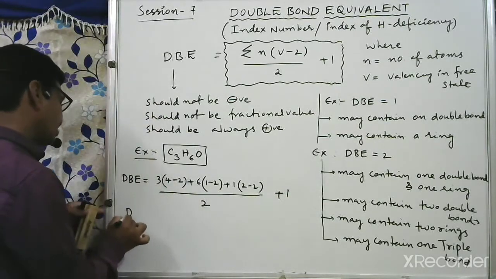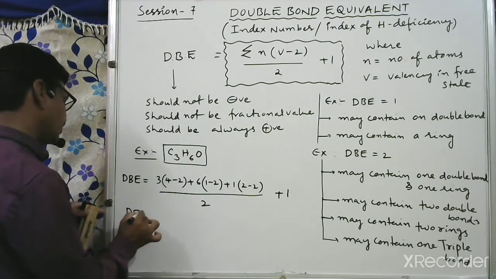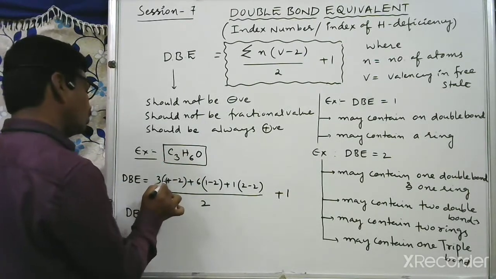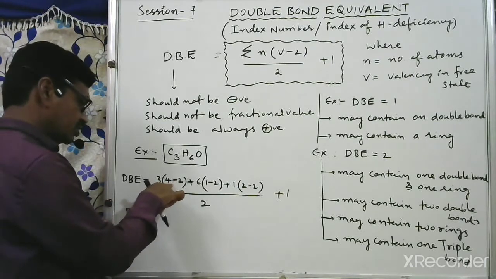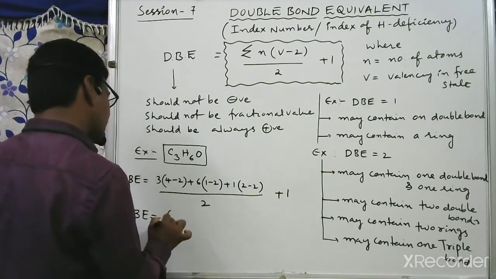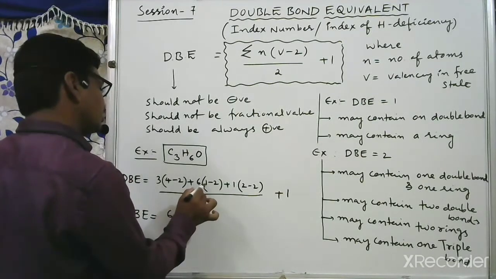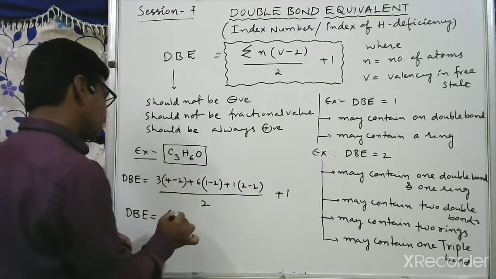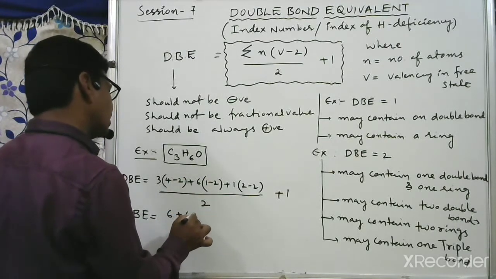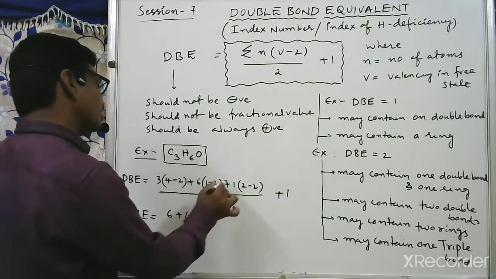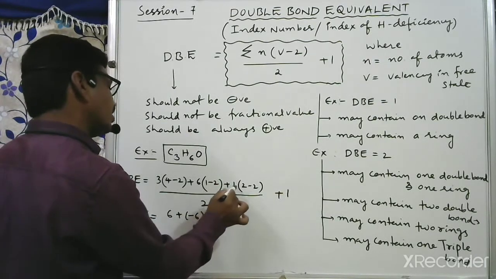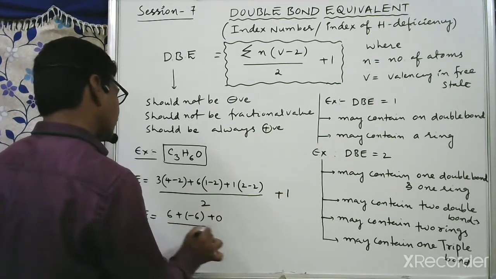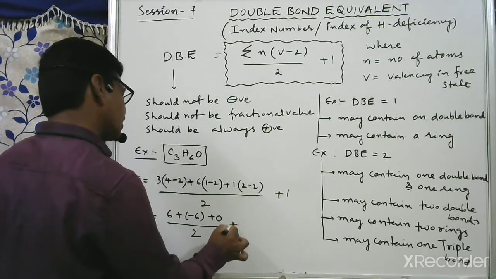So what is the double bond equivalent here? DBE for C3H6O, how much is it? 3 into 4 minus 2. 4 minus 2 is nothing but 2, into 3, it is 6. Plus 6 into 1 minus 2. 1 minus 2 becomes minus 1. 6 into minus 1 is minus 6. Then plus 1 into 2 minus 2, 0 only. This is 0 by 2 plus 1.